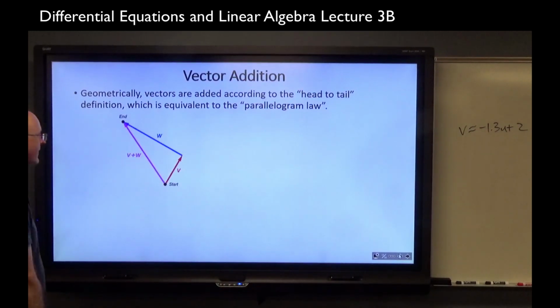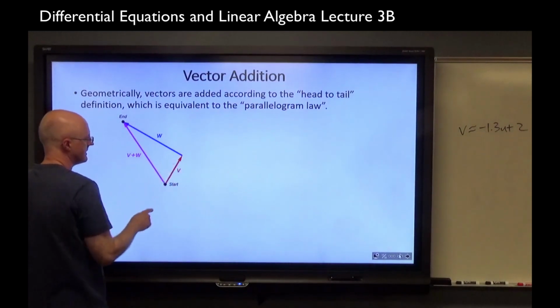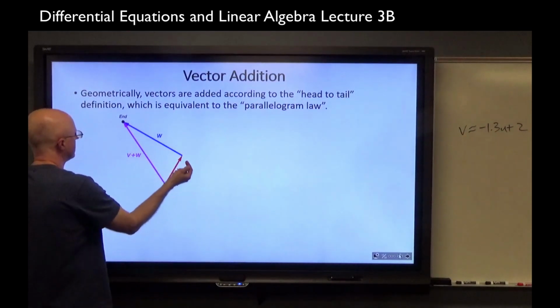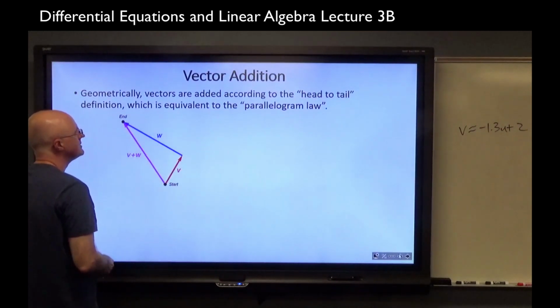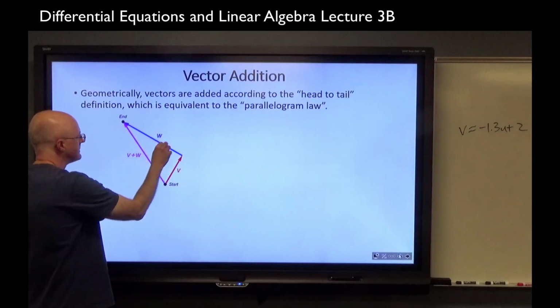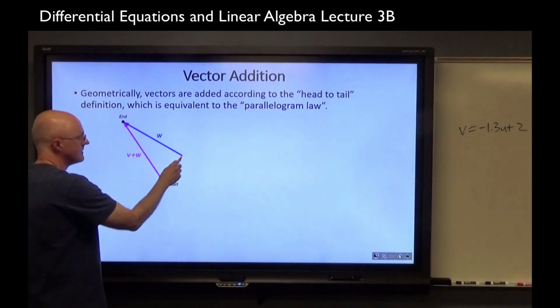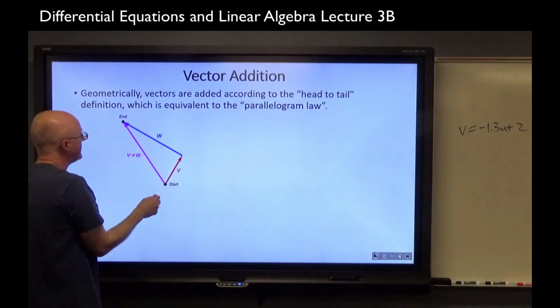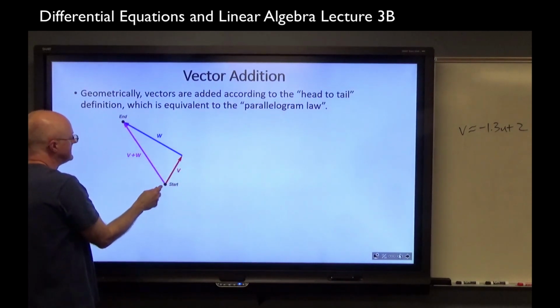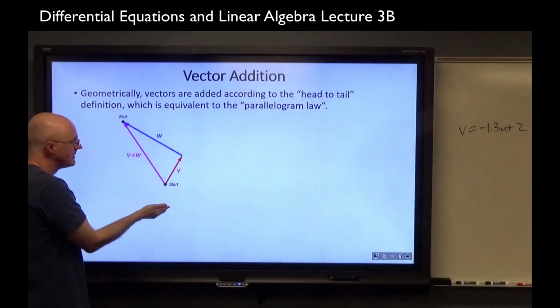Here's the head to tail. If I want to add V and W, where V is an arrow with this length in this direction, and W is an arrow with this length in this direction, do head to tail. In other words, put the tail of W, this spot, at the head of V. Like that. And the original starting point for V is the starting point for V plus W. It's the tail.